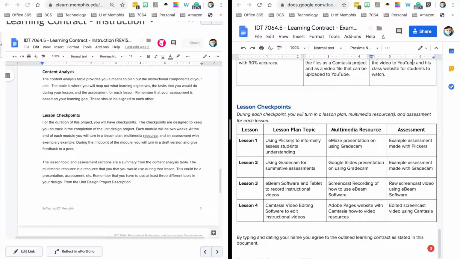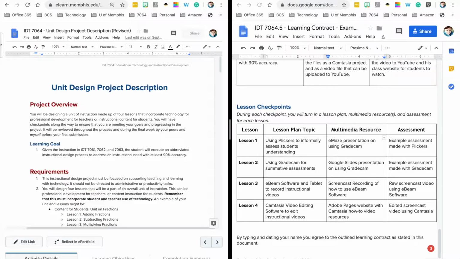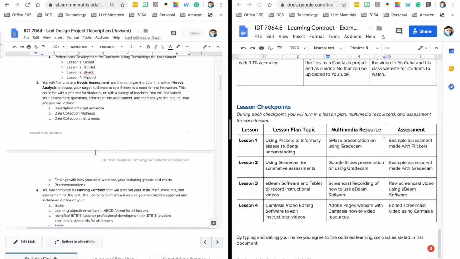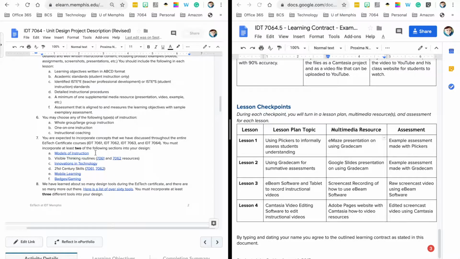Your lesson plan topic is just the overall topic. For your multimedia resource, you need to start thinking about what kind of multimedia tool you are going to use for your lesson plan topic. Refer back to your unit design project description, and I would encourage you to refer back to it several times throughout the unit to make sure you're meeting all of the topics and requirements.